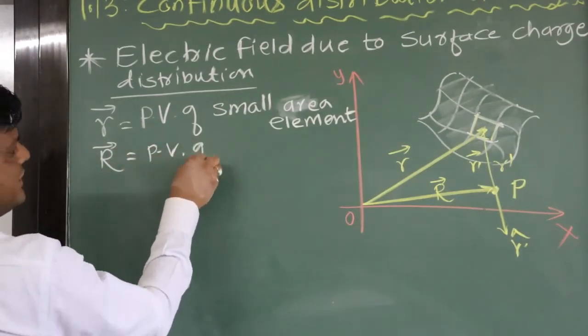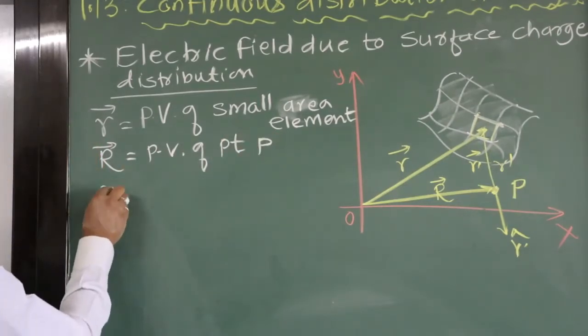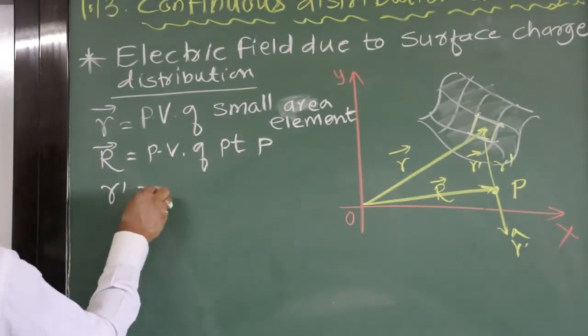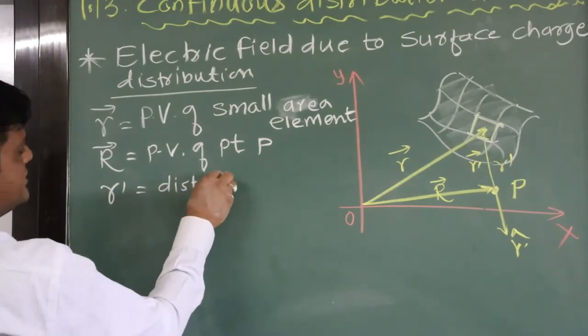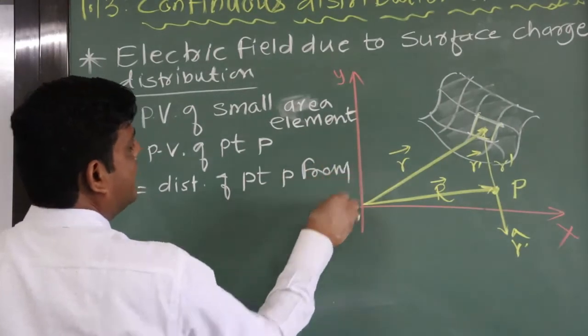Position vector of point P. What is r dash? r dash is the distance of point P from the area element.